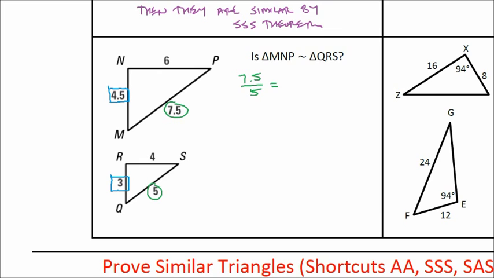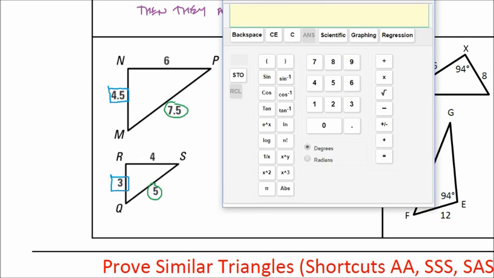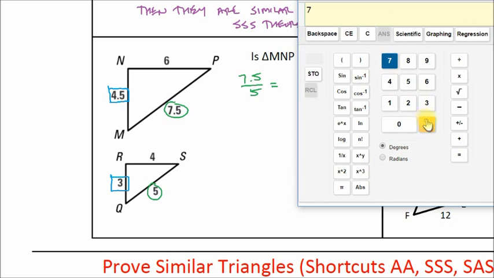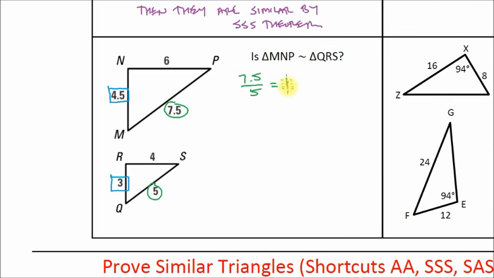So let's do that. So I'm going to go ahead and divide 7.5 divided by 5, and I get 1.5. So we got a scale factor of 1.5. So technically it's 1.5 to 1. There's our scale factor, 1.5 to 1. You could just write it as 1.5 as well. If every fraction is 1.5, we're good to go.